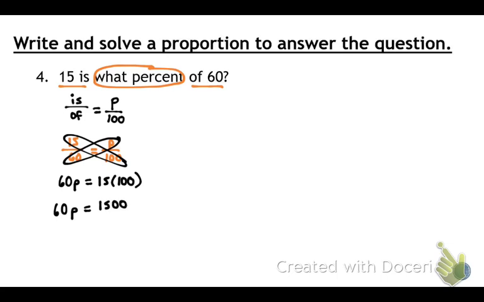Hope, how do I get p by itself? Divide by 60 on both sides. And when I do that, Hayden, what do I get? 25, very good. Now my answer is not 25, just plain, because if I go back it says 15 is what? Percent of 60. So I'm going to go ahead and stick a percent sign, so 25% would be the correct answer.